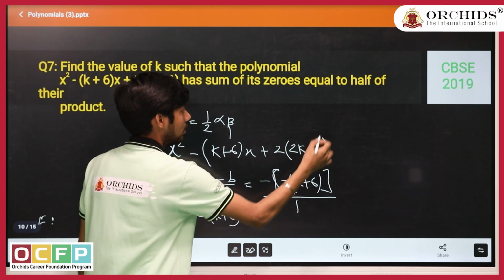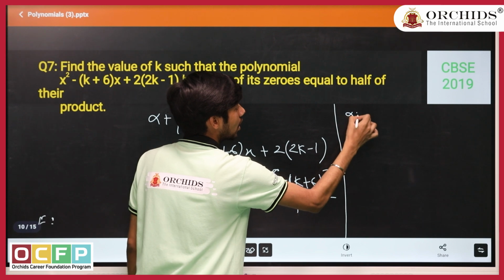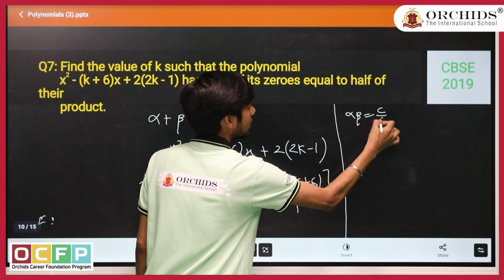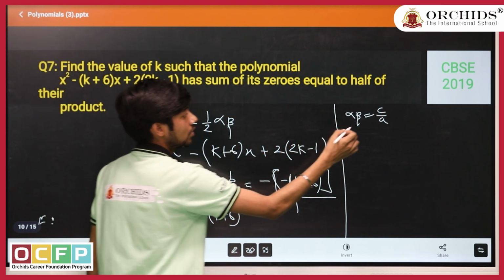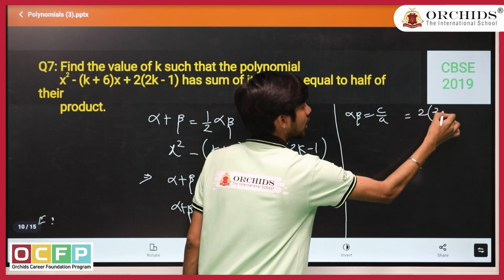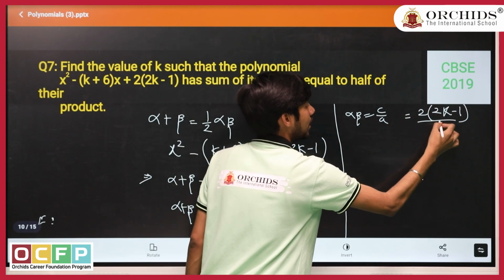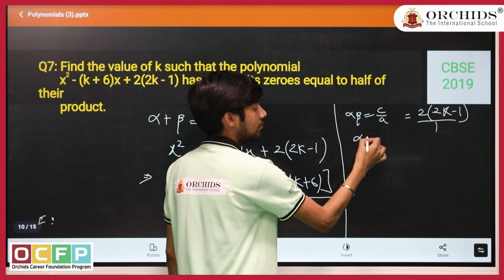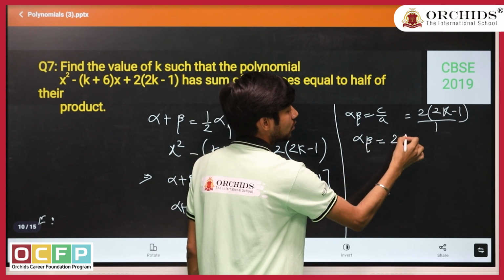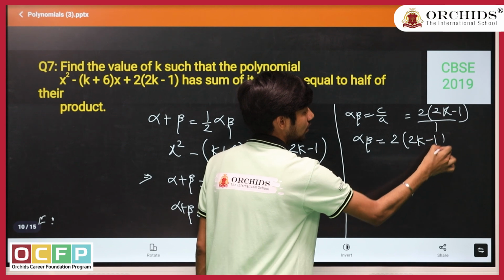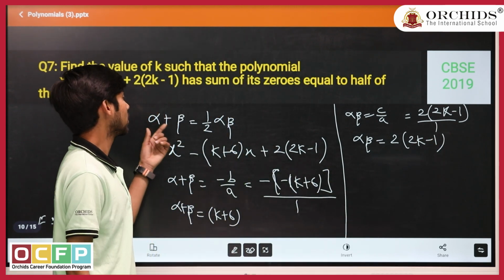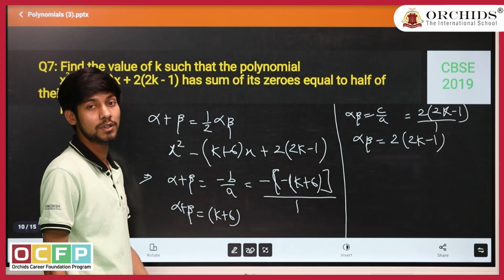Similarly we can write the product of zeros alpha into beta equal to c by a. Here c is 2(2k − 1) and a is 1. So we can write alpha into beta is equal to 2(2k − 1). Now the condition is given that the sum of zeros is equal to half of their product.